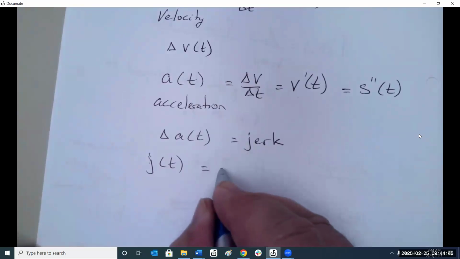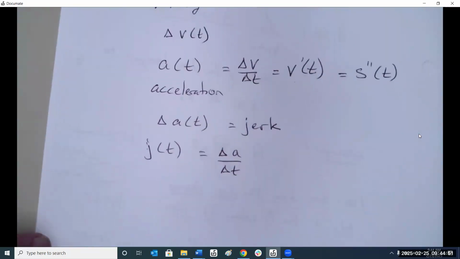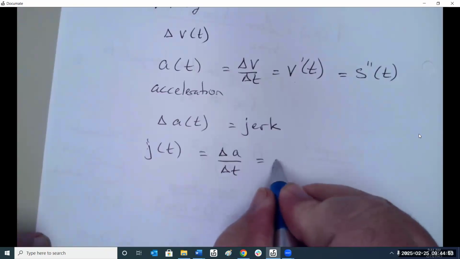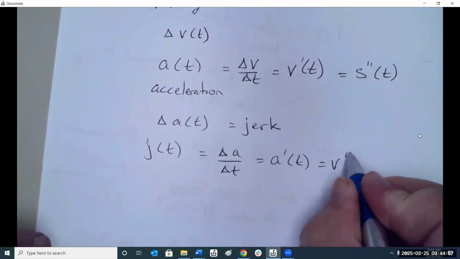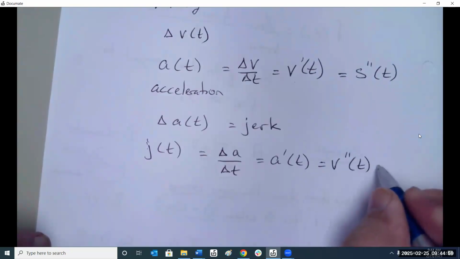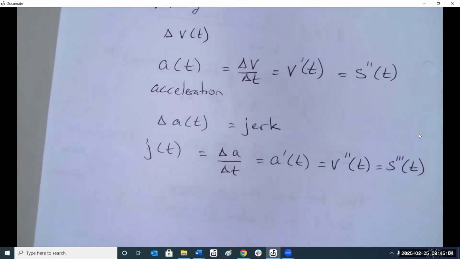The J of t is the change of acceleration over the change of time, which is the first derivative of acceleration, which means that's the second derivative of velocity, which means it's the third derivative of your position function. You see how all these are connected.